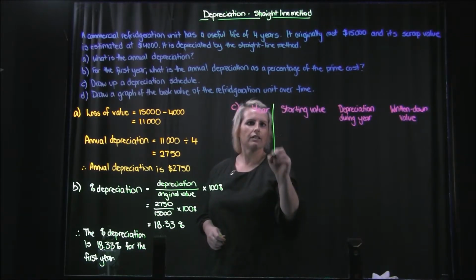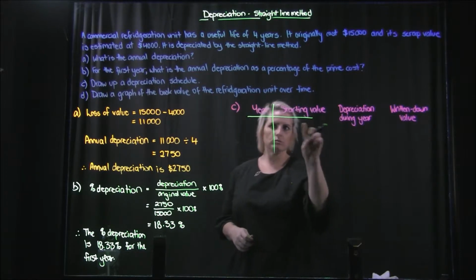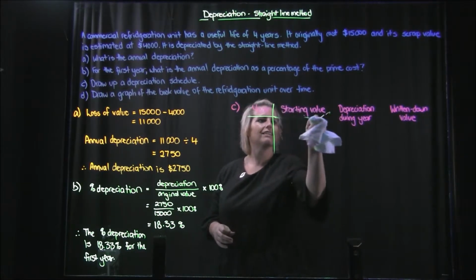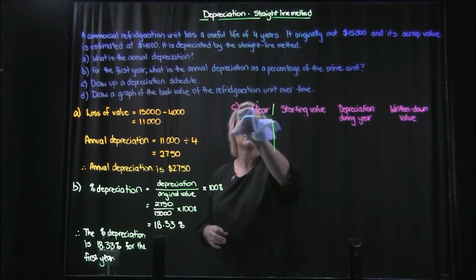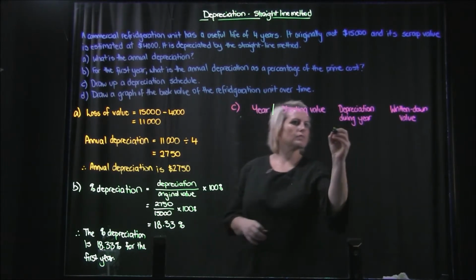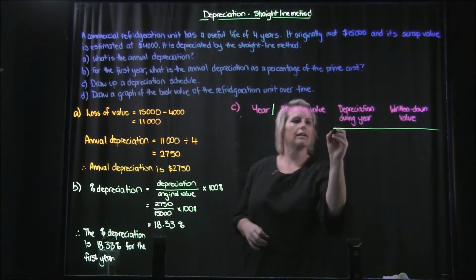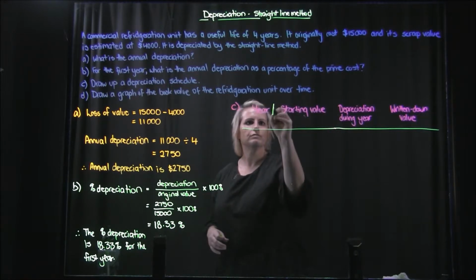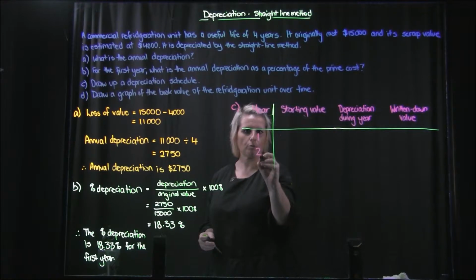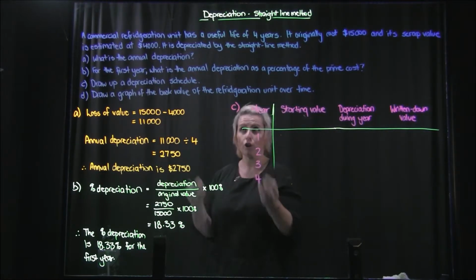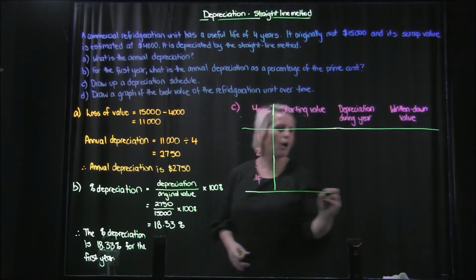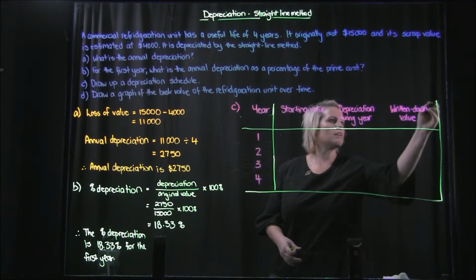Okay, now we're just going to, oh, that was not a good idea there, that line. Let's just get rid of that. Obviously need to go from here along. Now I'm going to do 4 years because the term of depreciation, or the life value of my item, is 4 years.